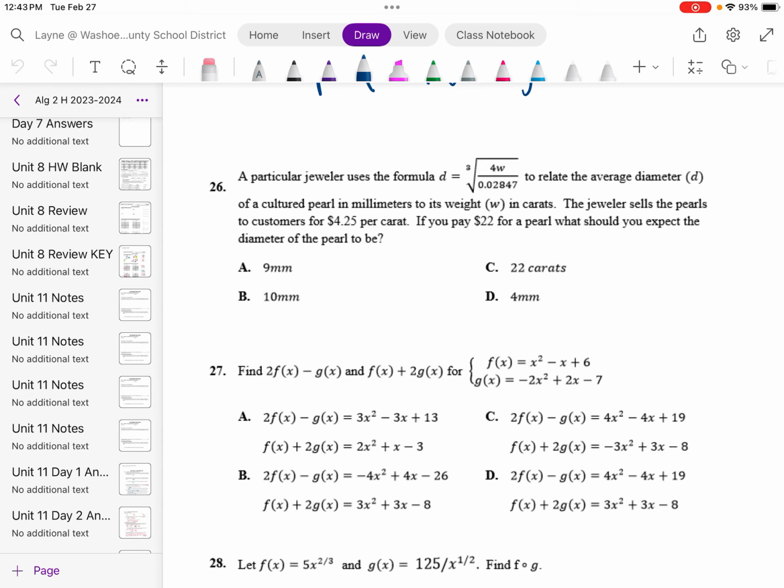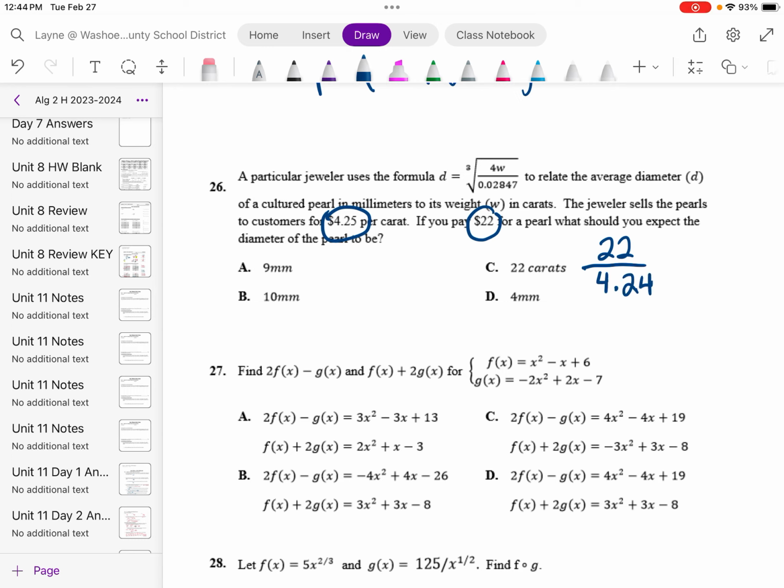So we are paying $22, and we know that it is $4.25 per carat. The first thing we're going to do is find out how many carats it is. To do that, we're going to do $22 divided by $4.25 per carat.